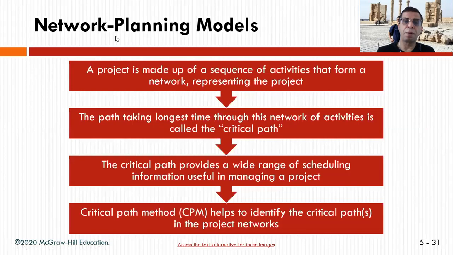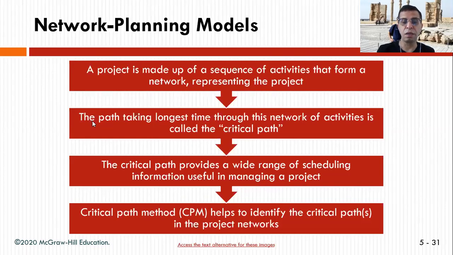But when you do project planning and project implementation, there is a thing called network planning. Things are connected to each other. You're networking them. Some of them have to be done in parallel, some of them are connected to each other. And it's used for something called CPM. Now, a project is made up of a sequence of activities that form a network representative of the project.